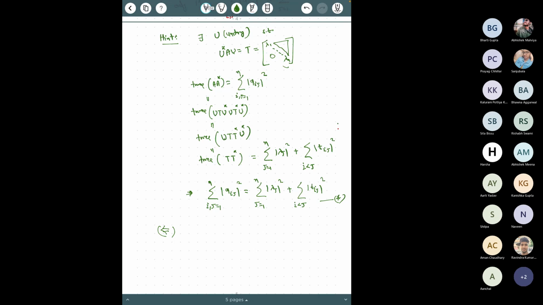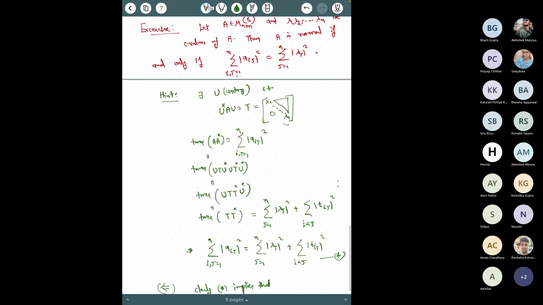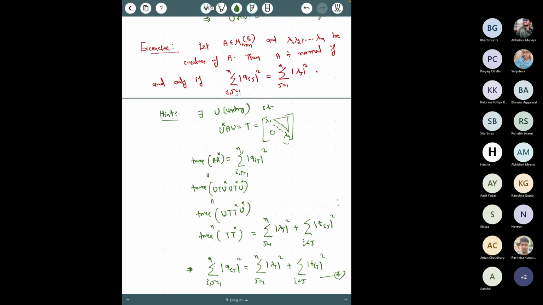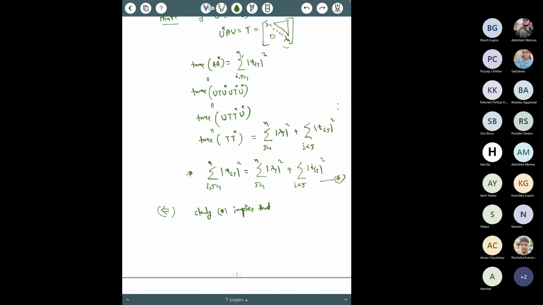If this is true, then clearly this term has to be zero here. So star implies that the summation of mod Tij square, i less than j, is zero. But this is zero means what? Tij equals 0, which implies that T is diagonal. But T diagonal implies T is normal.